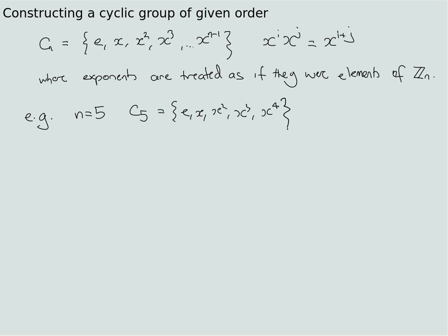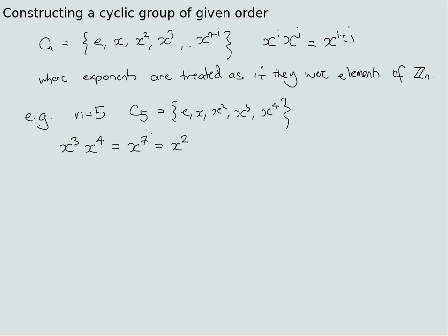And if we do some calculations in this group, if I do x cubed combined with x to the 4 under our group operation, we get x to the 7. And I'm treating these exponents as if they were elements of the integers modulo 5. So this is the same as x squared because 2 and 7 are congruent modulo 5.